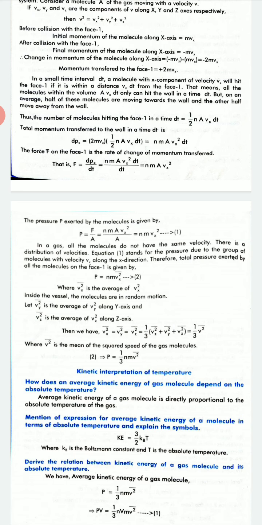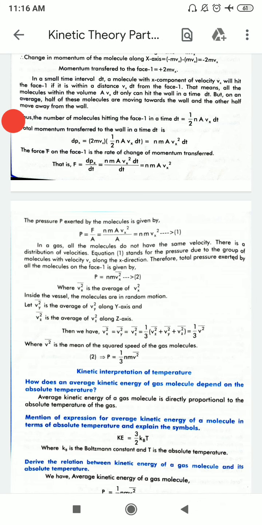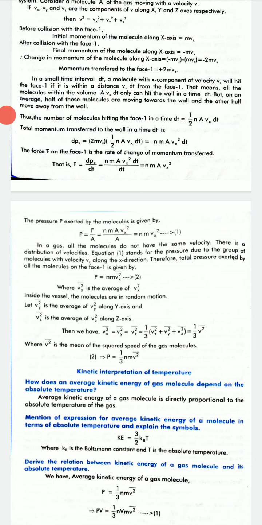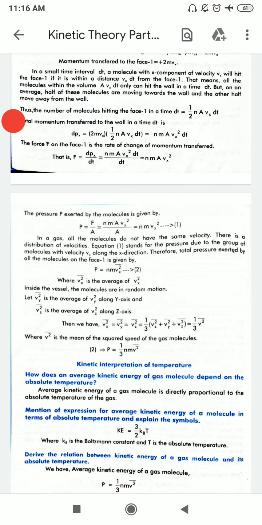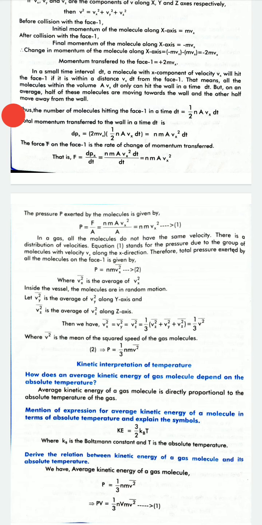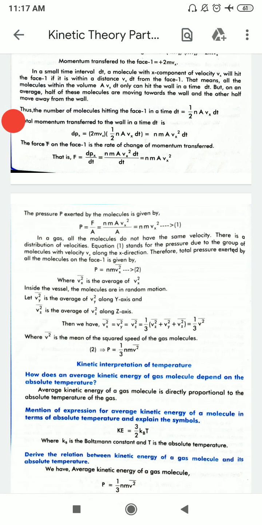Therefore the total pressure exerted by all the molecules on phase 1 is given by P = nm(v_x² bar), where v_x² bar is the average of all the v_x squares, the average over all the molecules.